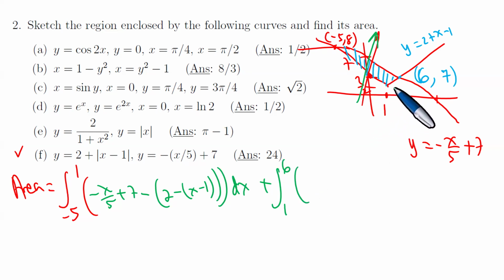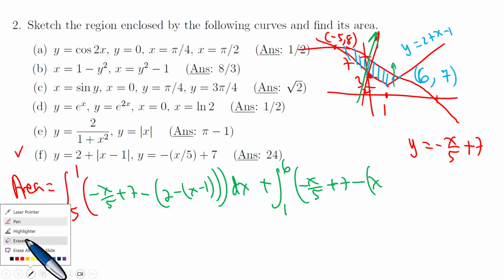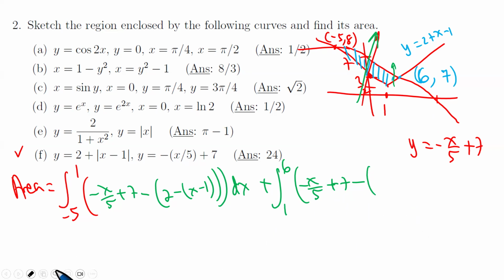And the upper curve in this region, after the vertex, is going to be the straight line. Upper curve minus the lower curve. The lower curve becomes the absolute value graph with the positive slope. Positive slope because the slope is positive here, and then the slope is negative there.